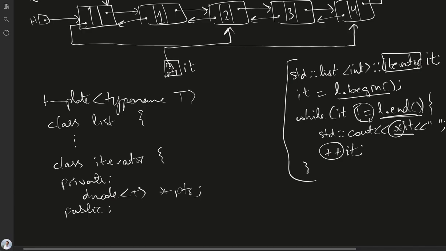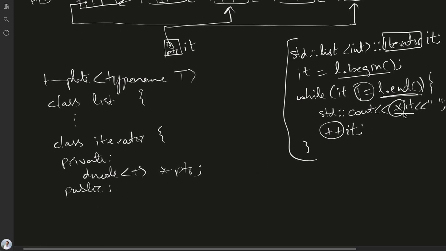So let's start with any one of them. Let's say we want to implement the dereferencing operator. What should it return? It should return a value. Now, if we just want to return the value through this iterator object, returning t is sufficient.